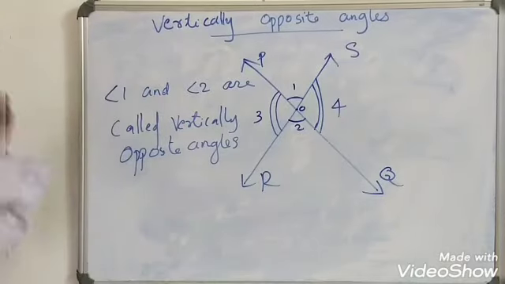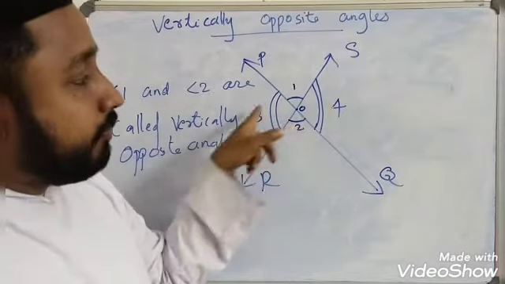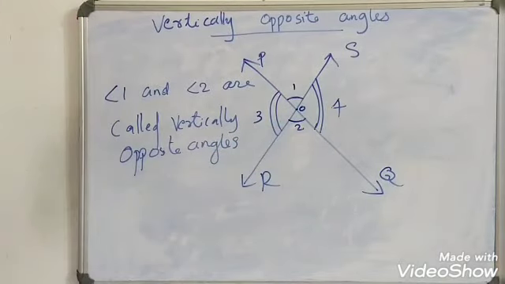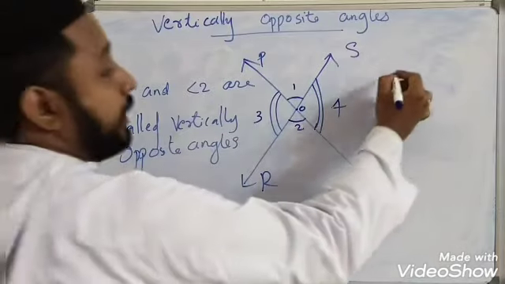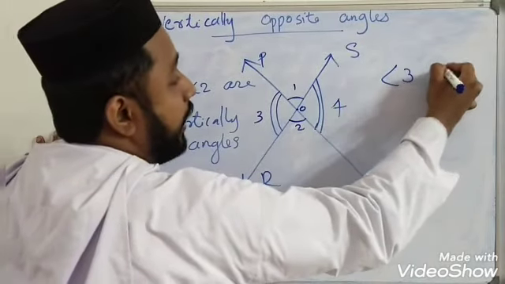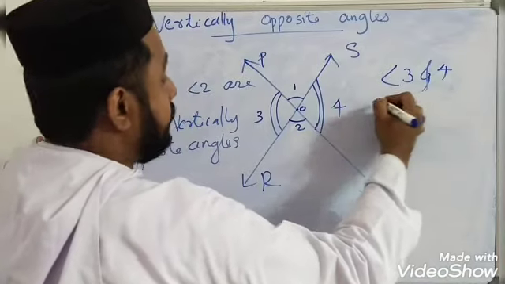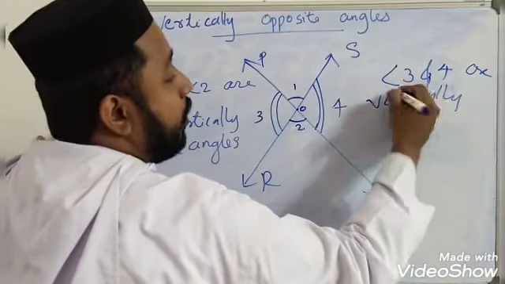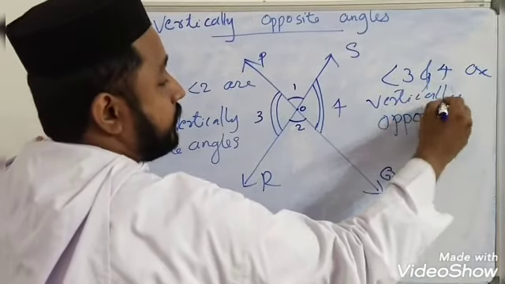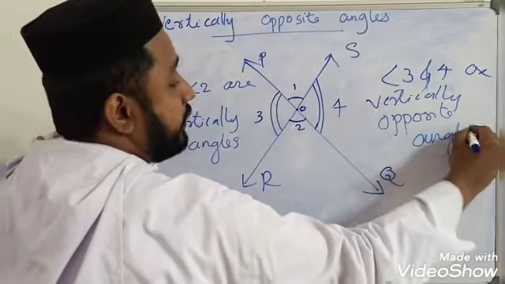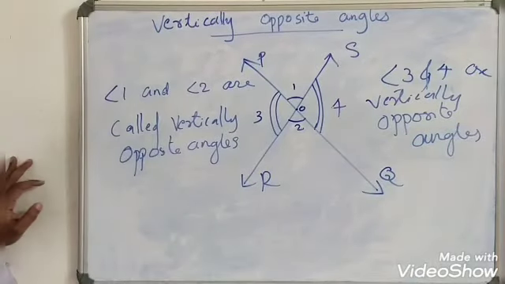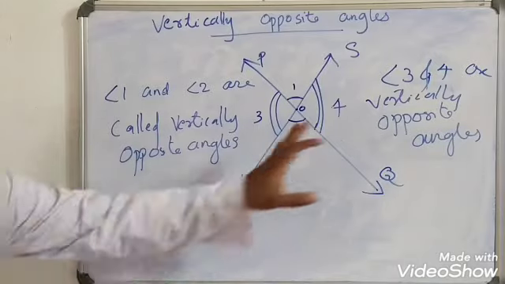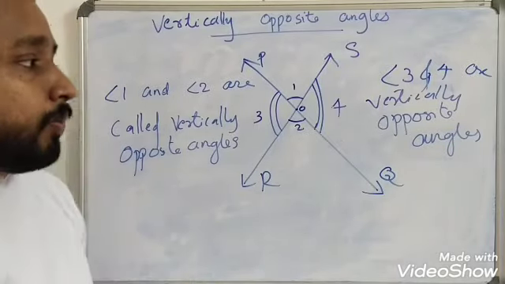Look here, angle 3 and angle 4 are also opposite, so angle 3 and angle 4 are vertically opposite angles. So angle 1 and angle 2 are vertically opposite angles, and also angle 3 and angle 4 are vertically opposite angles.